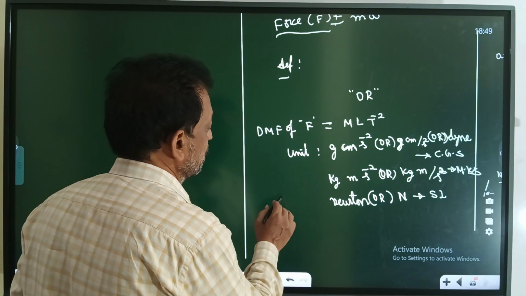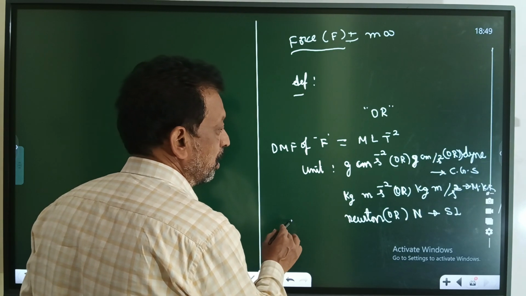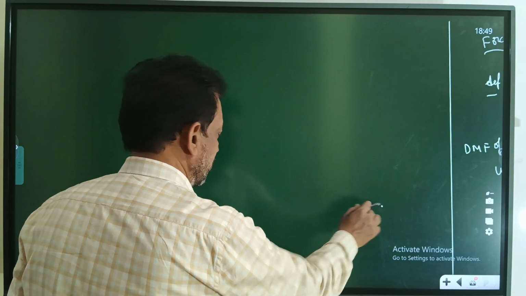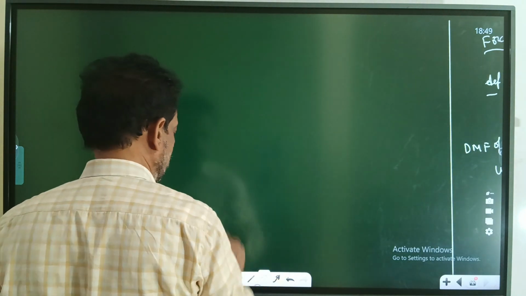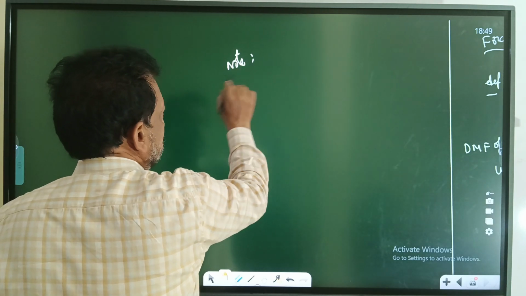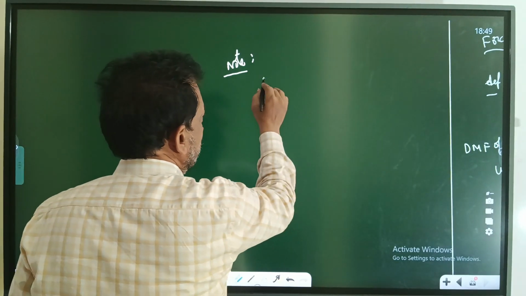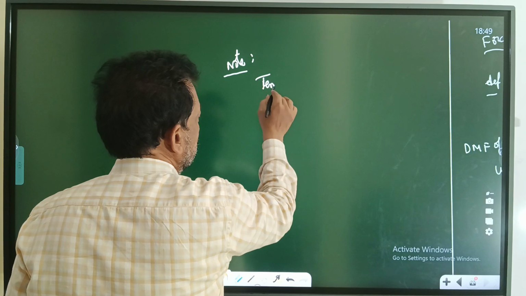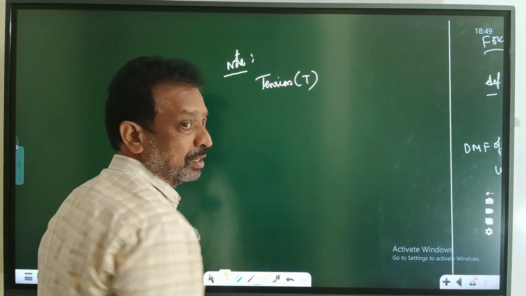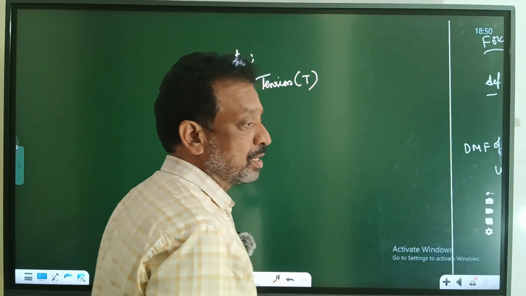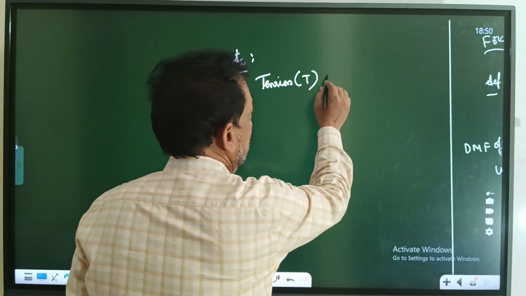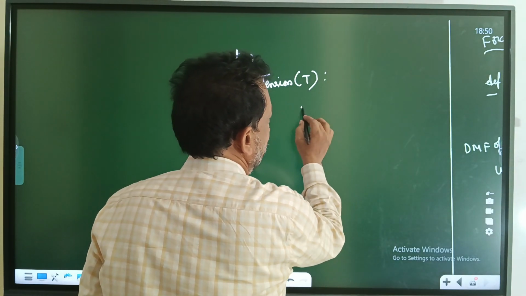Now, we see force daily, but there are other force-like applications. Next, note tension. Tension is also a force. The symbol is T. Where do we get tension?